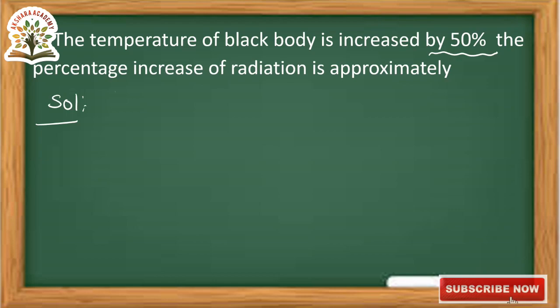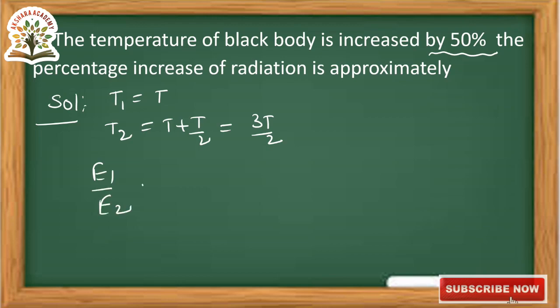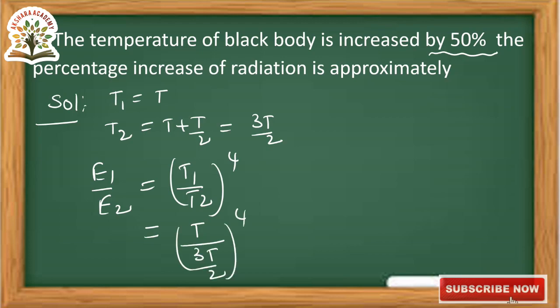Here, increase by 50%. Given T1 is equal to T, T2 is equal to T plus T by 2, that is equal to 3T by 2. So from the formula E1 by E2 is equal to (T1 by T2) whole to the power of 4, we are substituting T1 as T and T2 as (3T by 2) whole to the power of 4. So here T and T get cancelled, taking reciprocal, 2 power 4 by 3 power 4, that is equal to 16 by 81.